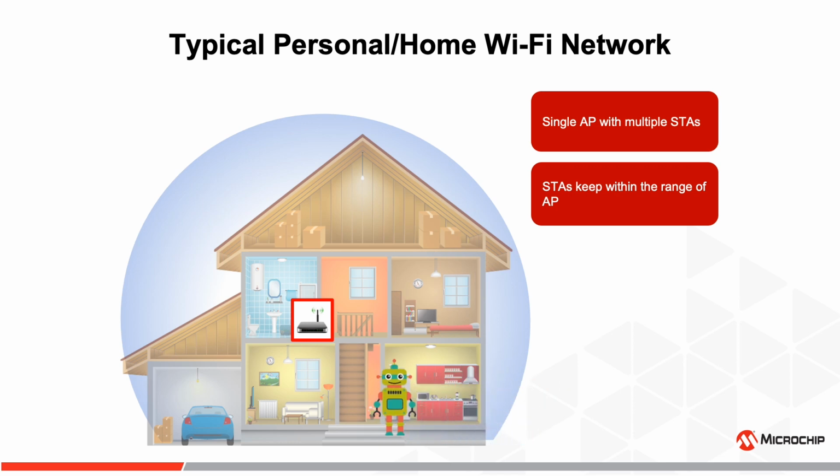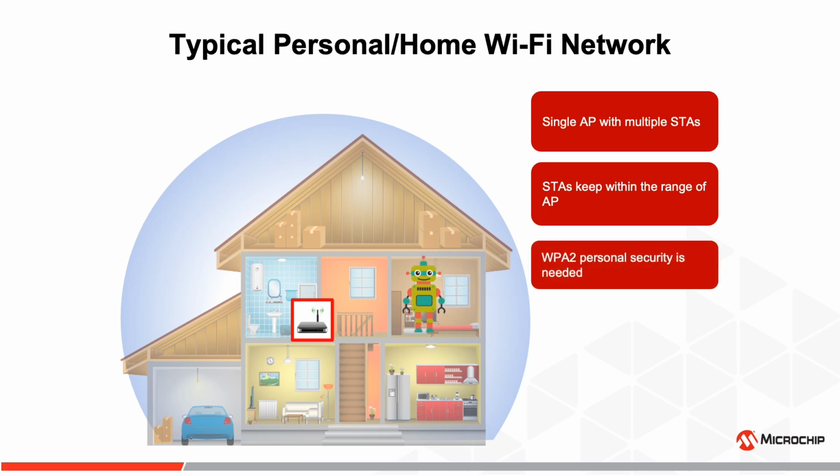The stations keep within the range of that single AP. So the little guy's moving around the house, or he could represent different IoT type devices that are positioned throughout the house. They're all within range. The blue circle is meant to show that it's in range of that access point, and the stations never leave that sphere.